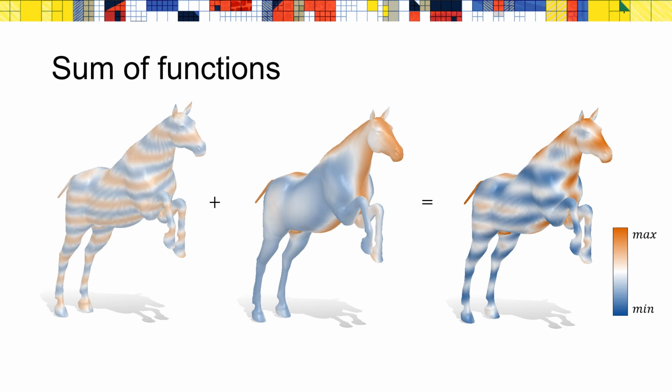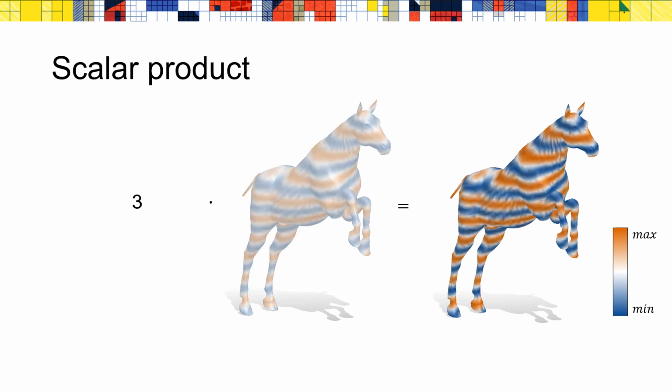This space of functions is equipped with a set of operations as the standard functions, and we can consider these operations as operations between vectors. We can define the sum of two vectors, and this corresponds to the sum of functions, or the scalar product between a scalar value and a vector, and this corresponds to the scalar product for functions.